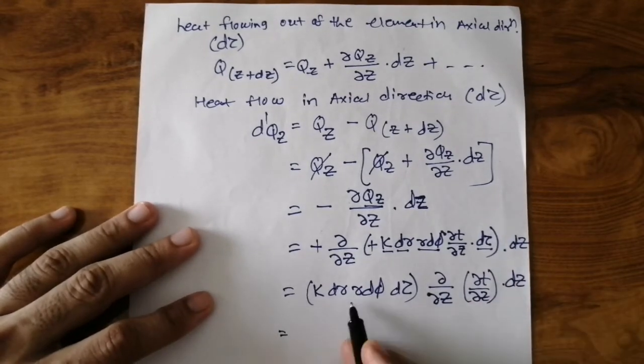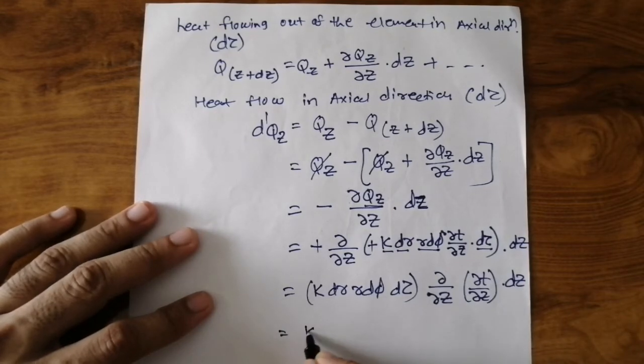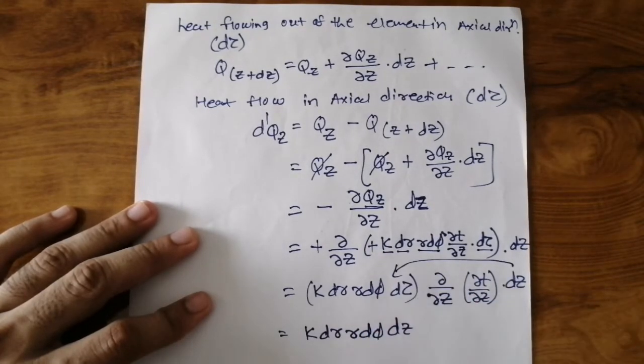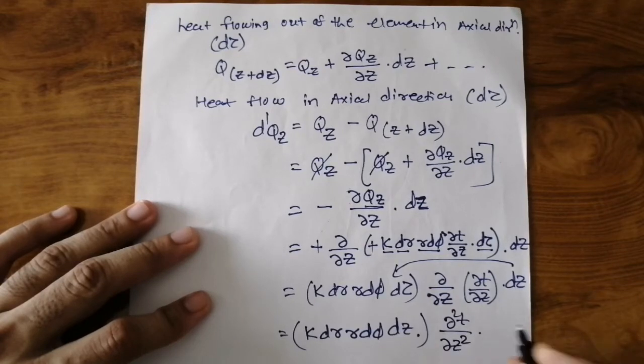Similarly we need the volume here, so we just take dz here, so it becomes k dr r d phi dz. Into d tau we just take outside, and this will be del square T by del z square into dz.